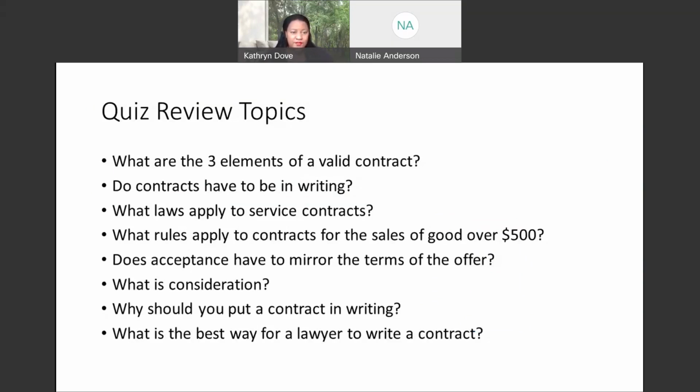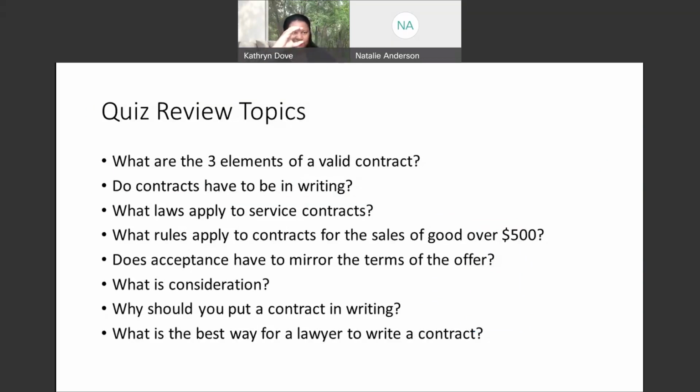What are the 3 elements of a valid contract? Can you remember that off the top of your head, Natalie? I know it's offer, acceptance, and then there was one more, but I can't remember off the top of my head.